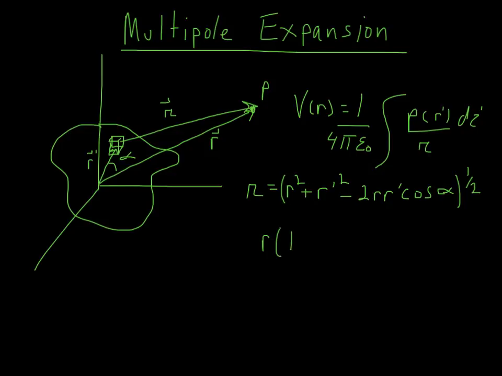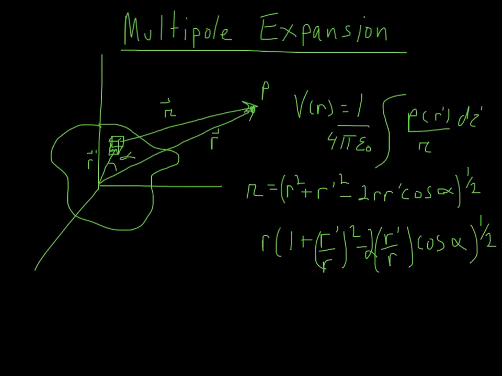That leaves 1 plus (r prime over r) squared minus (r prime over r) times 2 cos alpha, all to the 1/2. And then we're going to rewrite it like this: r times (1 plus epsilon) to the 1/2. And you can probably see where this is going.